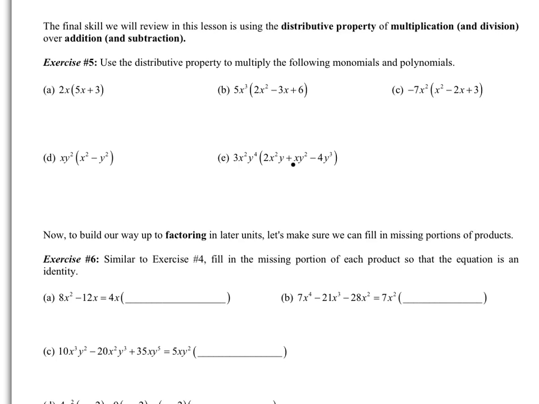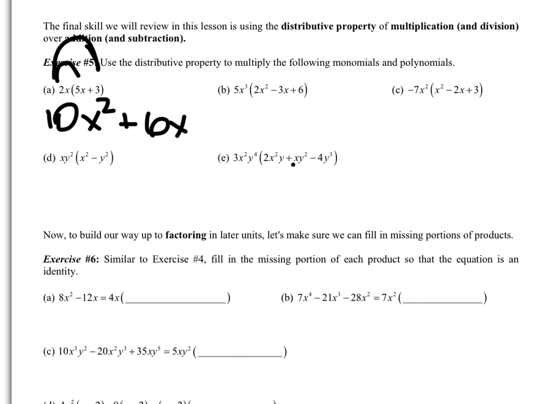But here I have just one term, but it's being multiplied by two terms. So I have a monomial being multiplied by a binomial. No big deal. What we're going to do is we're going to distribute. We're going to multiply the 2x by each of those. So 2x times 5x is 10x squared, and 2x times 3 is 6x.